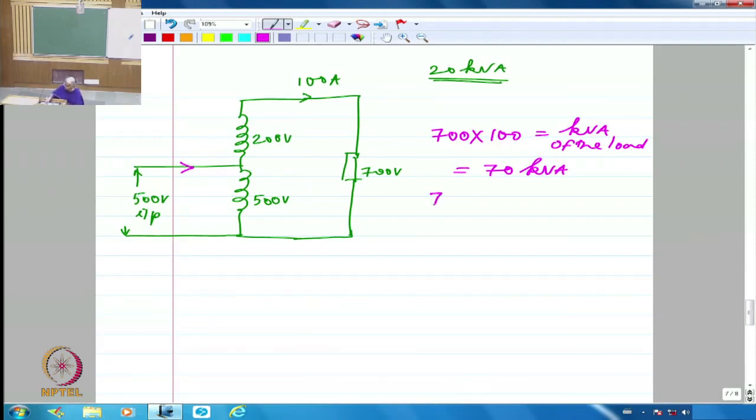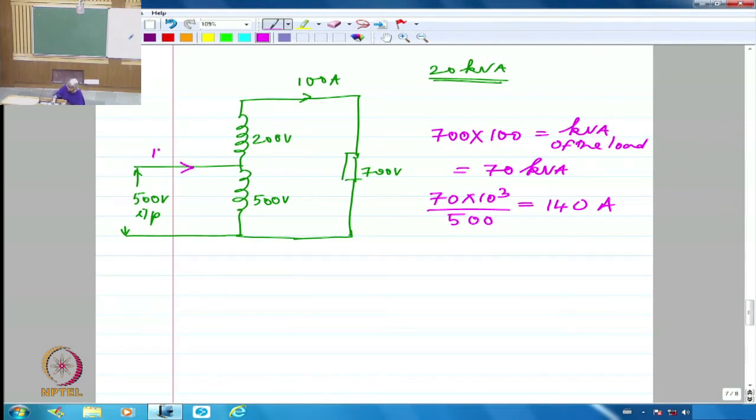This is 70 into 10 power 3 divided by 500. 14 fives are 70, so 140? Yes, this is going to be 140 amperes.